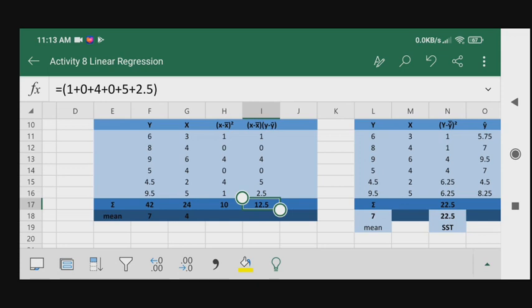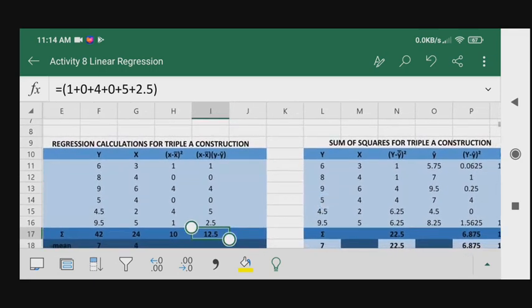All we need to do is add 1 plus 0 plus 4 plus 0 plus 5 plus 2.5, which is equal to 12.5.